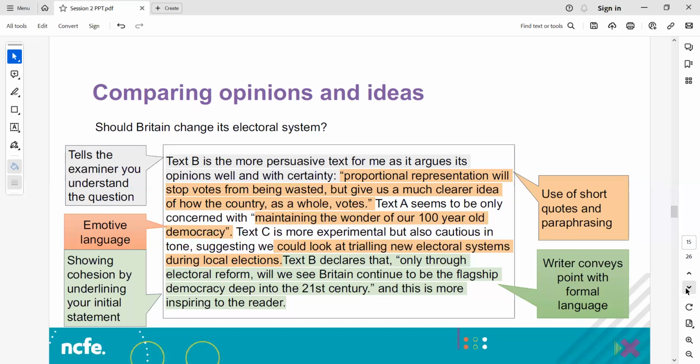They put this is more inspiring to the reader. So it emphasises the point of why it's more persuasive. So it's not just more persuasive to them personally, but to everybody who reads it. Okay, any questions about that answer?